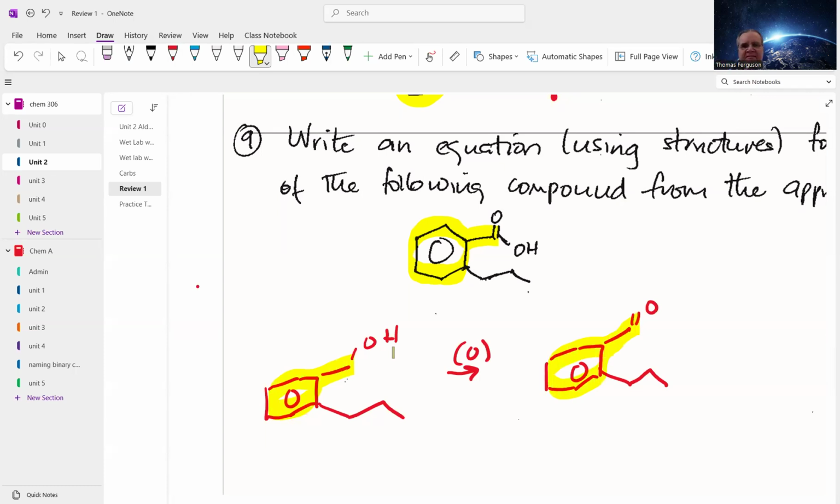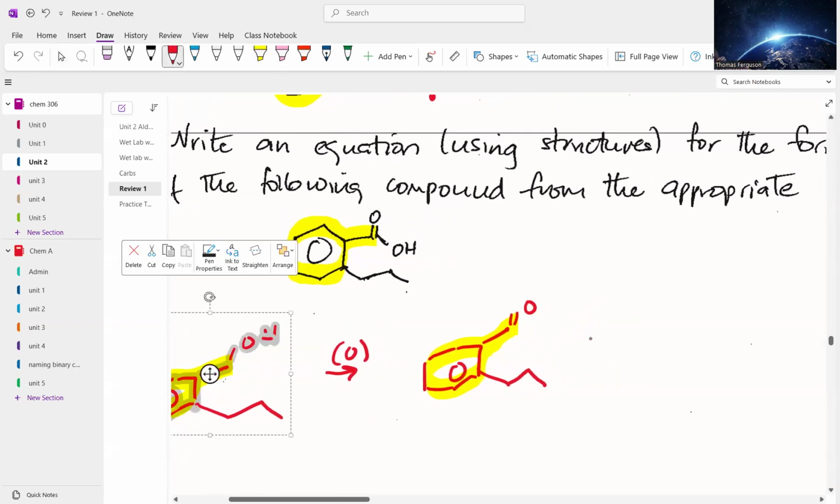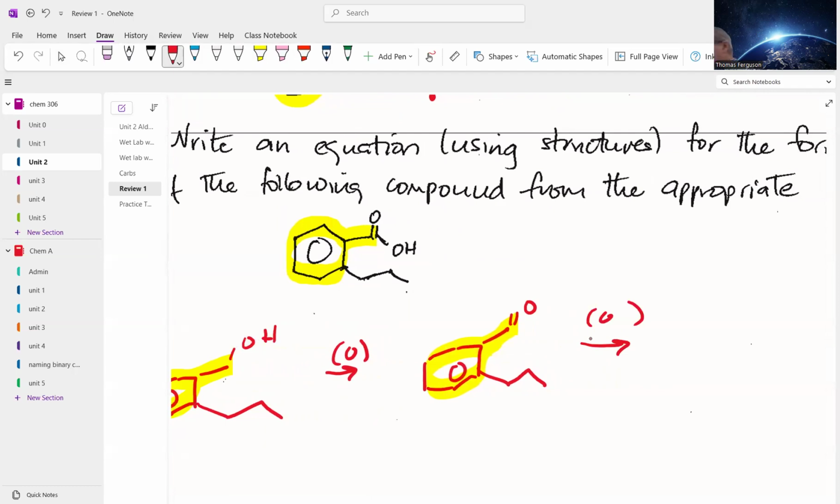Okay, and then that will continue to oxidize from the aldehyde to the acid.